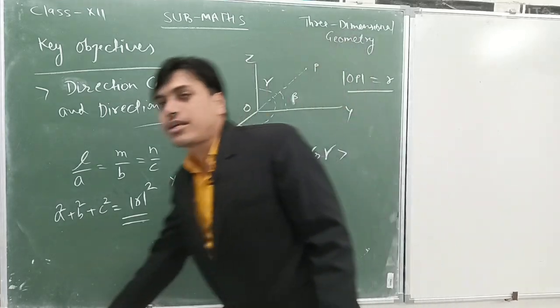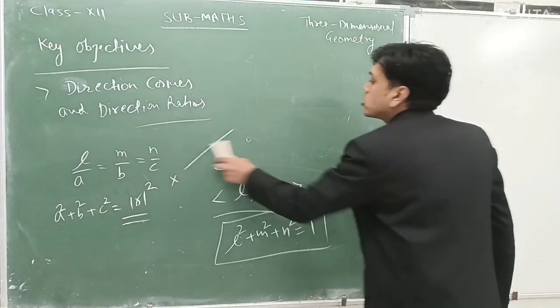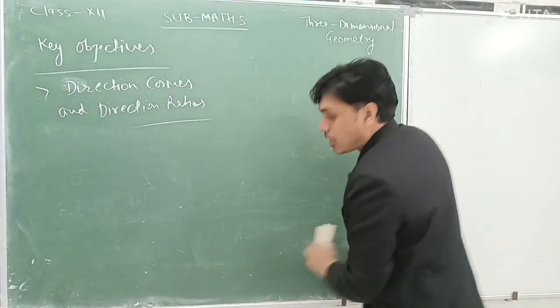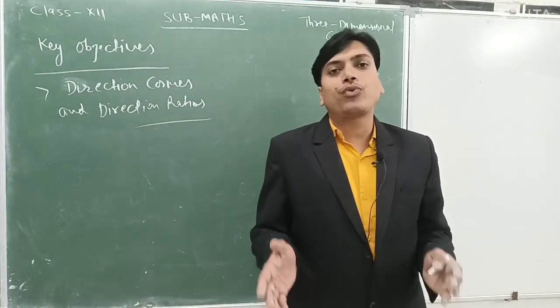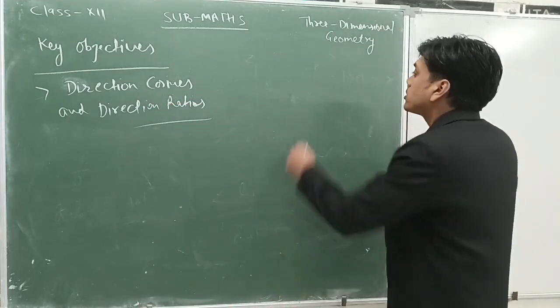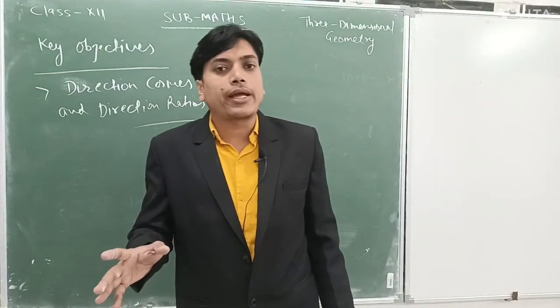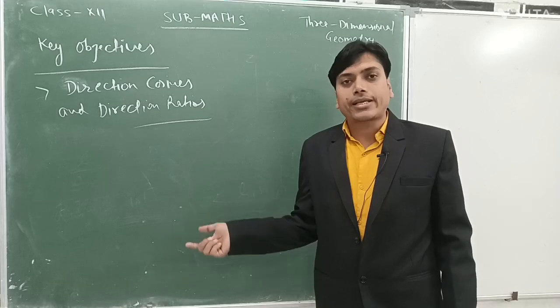Fine. So the first point is clear, that is the direction cosines and direction ratios. Coming to the next point, that is the direction cosines of a line when joining two points. Suppose this was the situation: we had to find the direction cosines of the line when the angles made by the line with the coordinate axes were given.